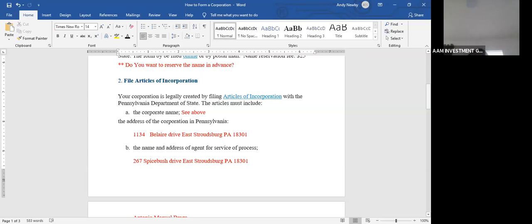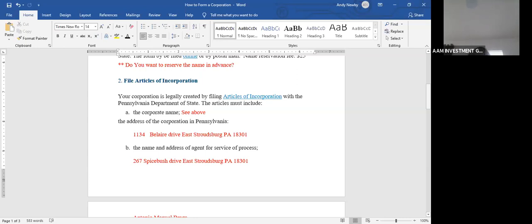The problem is most states require that the registered agent's address be different than the physical address of the business, because they figure businesses tend to close up and move and so on and so forth.